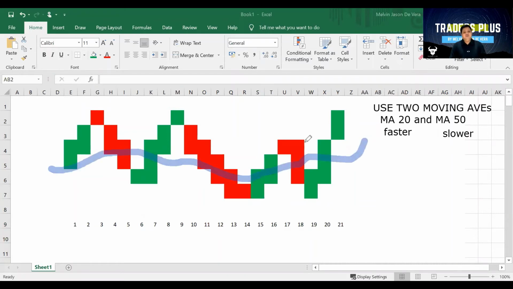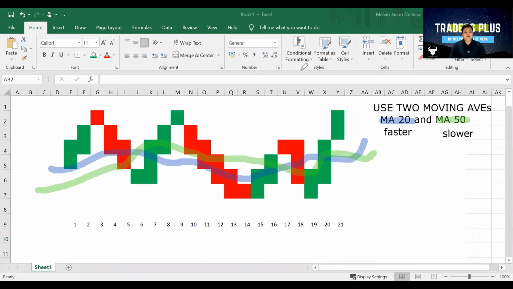This is your MA20. Then, I will plot a green moving average. So, the green moving average is the MA50.